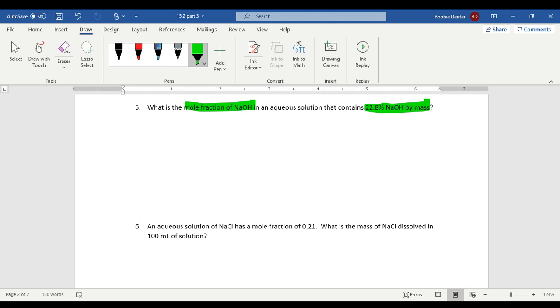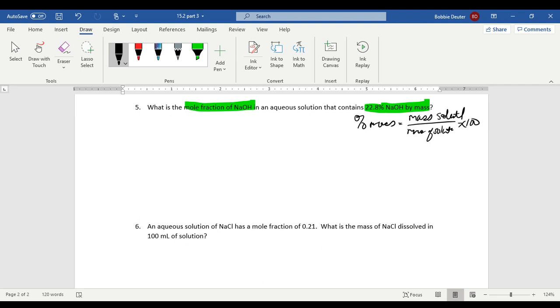22.8 percent by mass. So one thing that we should remember is we've already done the equation for percent by mass. That was our section 1 stuff. So percent by mass, again, is equal to the mass of our solute divided by the mass of solution times 100. So we have to remember that first.